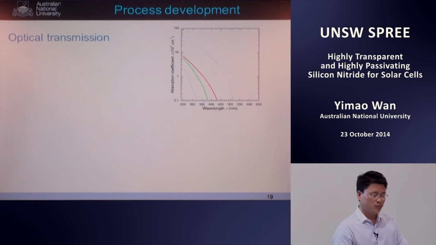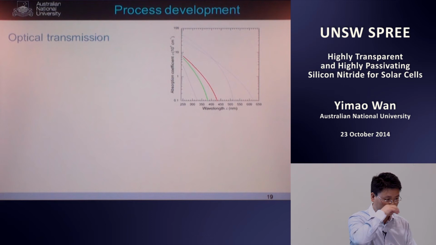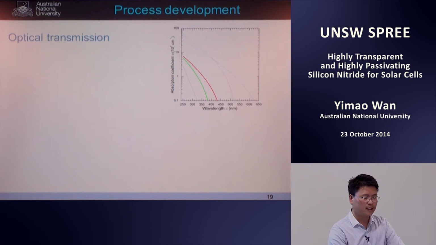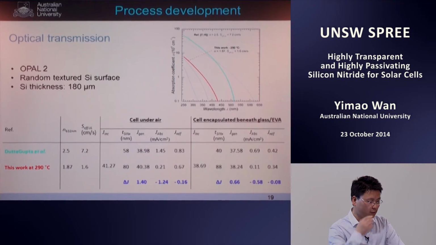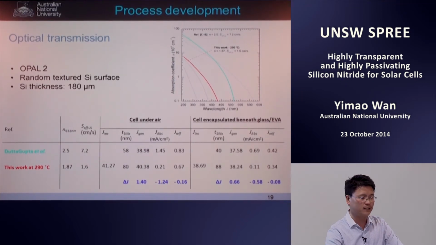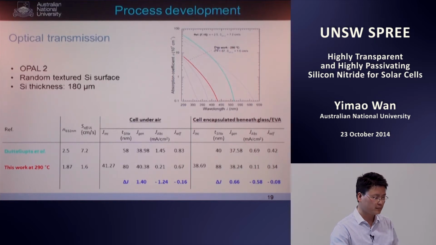And let's look in more detail at the optical transmission of the optimum nitride. I take several references here, which have state-of-the-art passivation from different groups and different absorption coefficients. I take one reference from Dutta, which shows the lowest SRV on p-type surface, but is passivated by silicon-rich nitride.